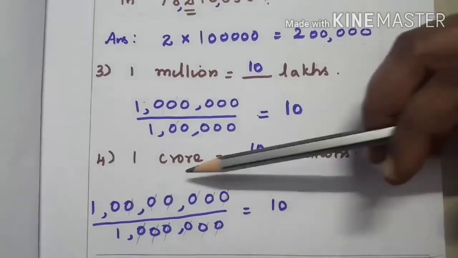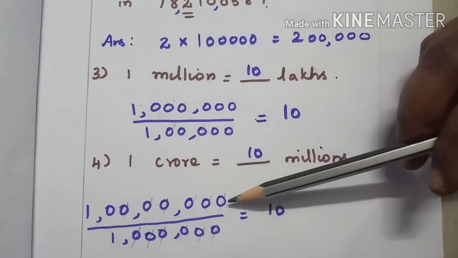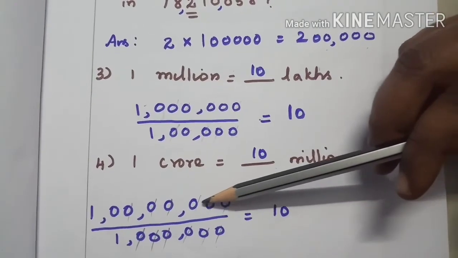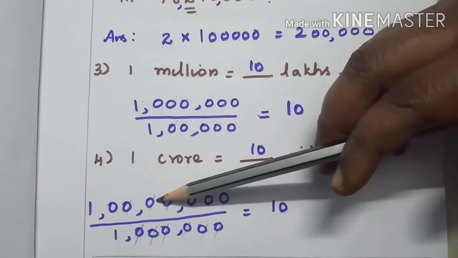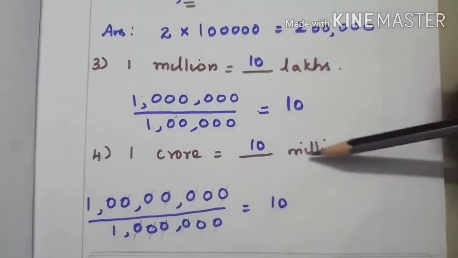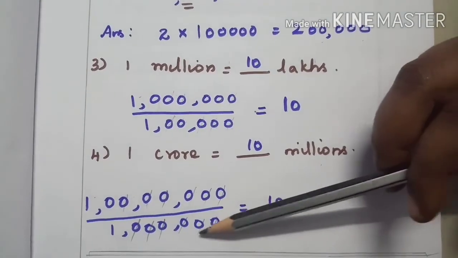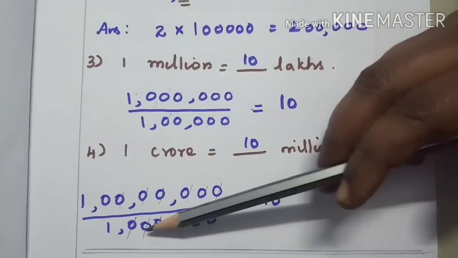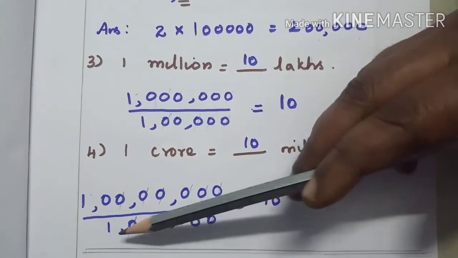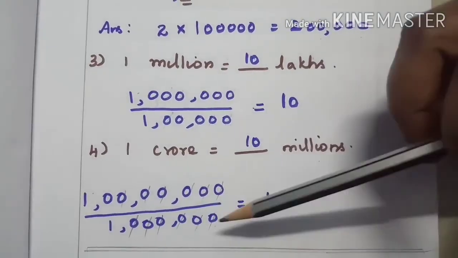Now you see 1 crore equal to dash millions. So we are writing crore: ones, tens, hundreds, thousand, 10,000, lakh, 10 lakh, crore, and million in the denominator: ones, tens, hundreds, thousand, 10,000, 100,000, 1 million. So how many zeros can we strike?